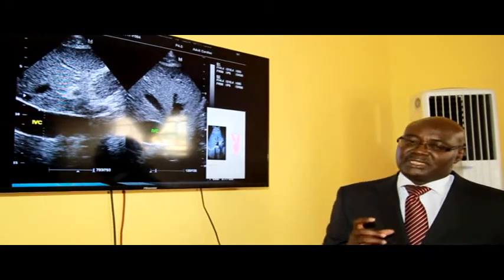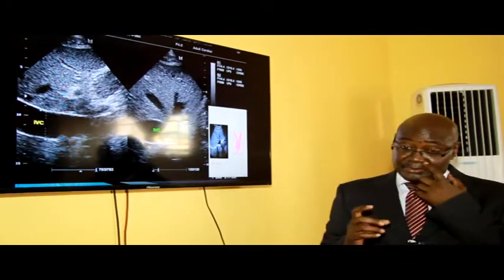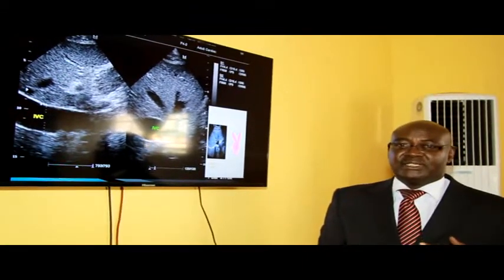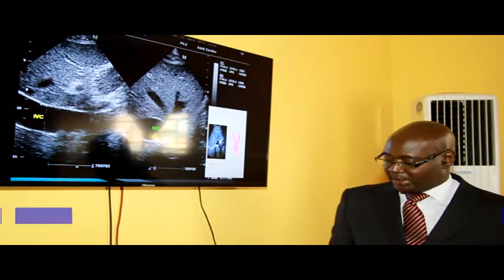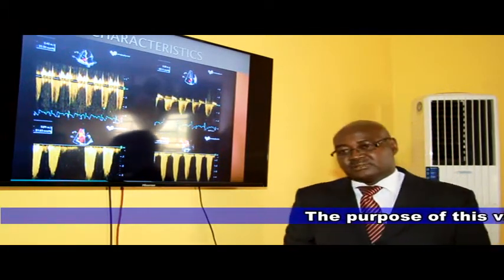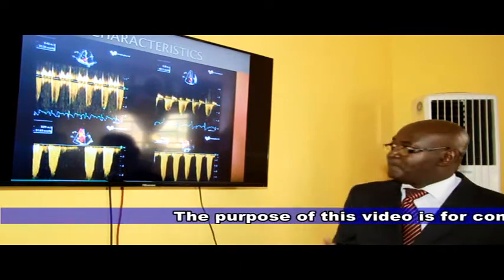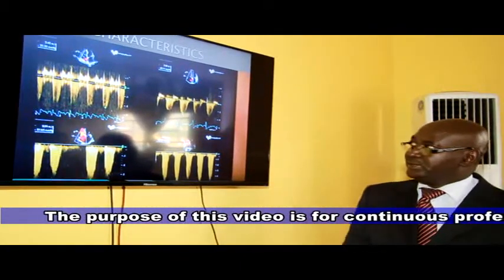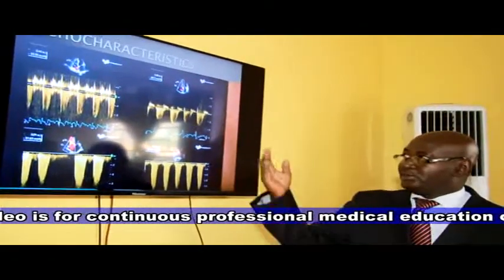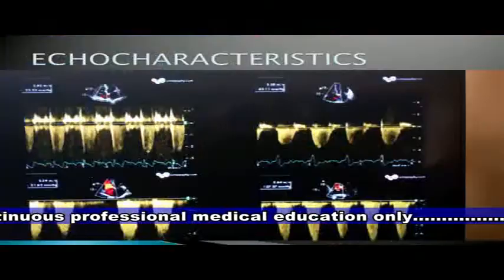So when we are calculating right ventricular systolic pressure, the size of the inferior vena cava should be taken into account. In this slide, it's just a grading of various grades of tricuspid regurgitation using our continuous wave Doppler profile.